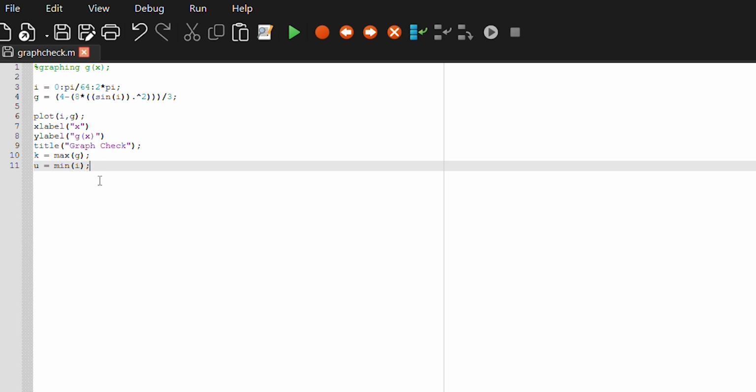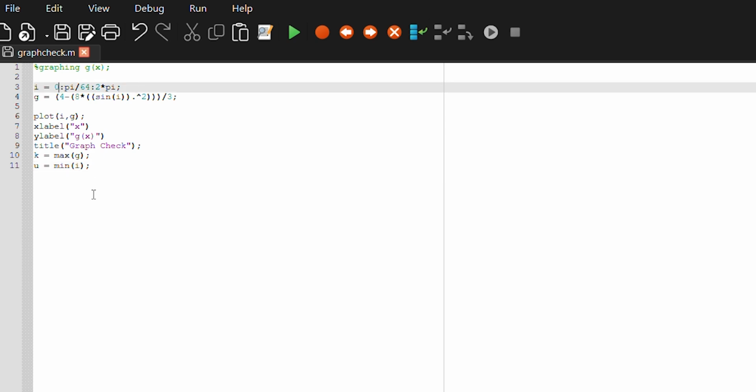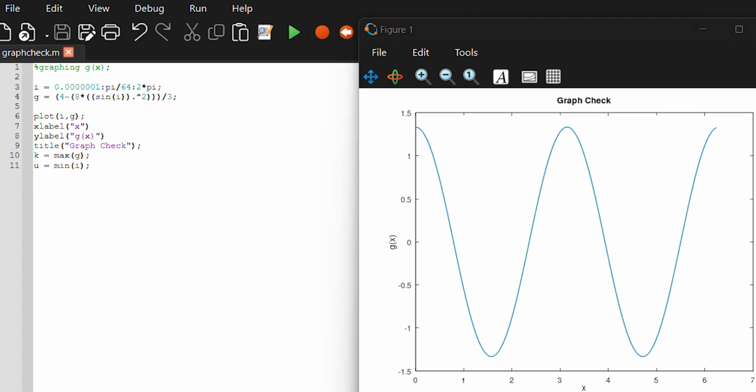So it says min is that, but because we start at 0, it's giving us min as 0. If I start this graph at 0.00000001 and run it, the figure will still look the same.